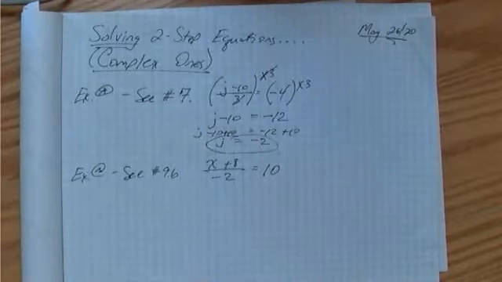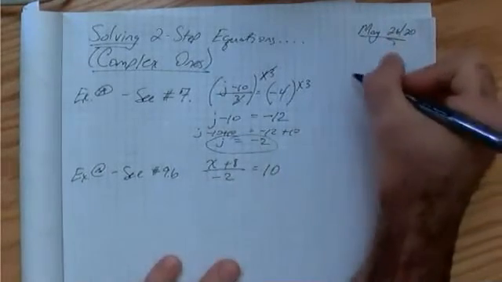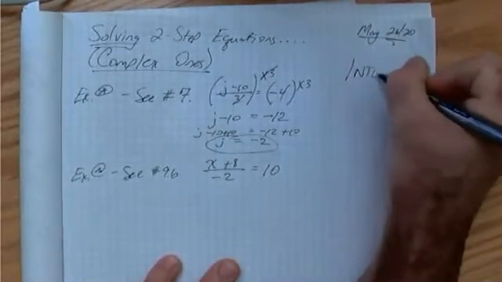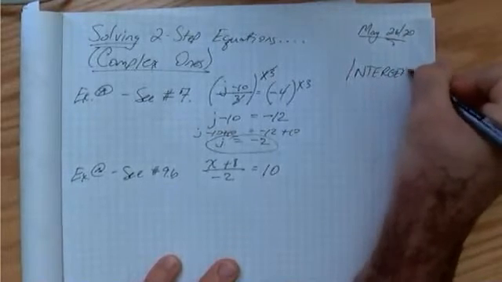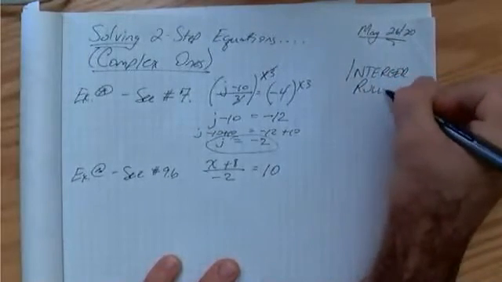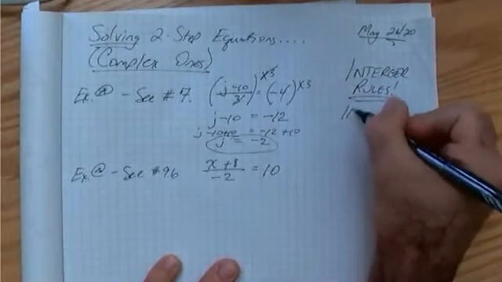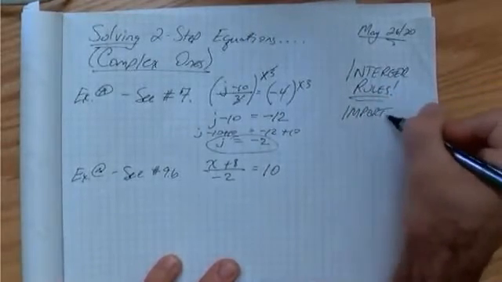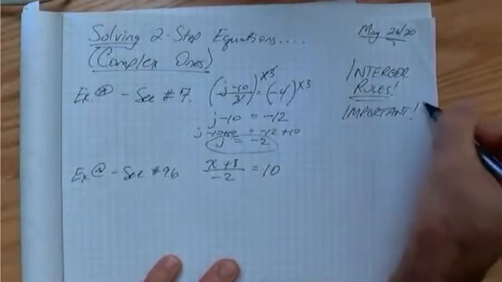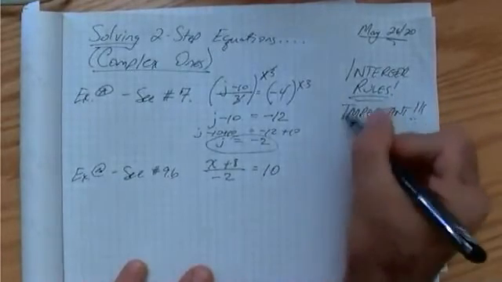So it pops in right there. So integer rules, very important, for addition. Don't forget about those as we go along. Very important, importante, muy importante.